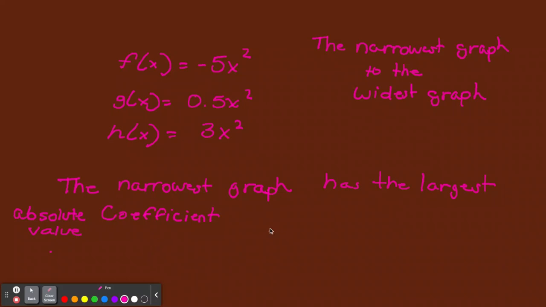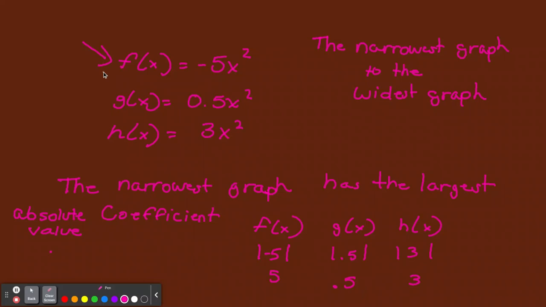Absolute value. So if you look at f of x, f of x has an absolute value of 5, where g of x has an absolute value of 0.5, and h of x has an absolute value of 3. So who has the narrowest graph?